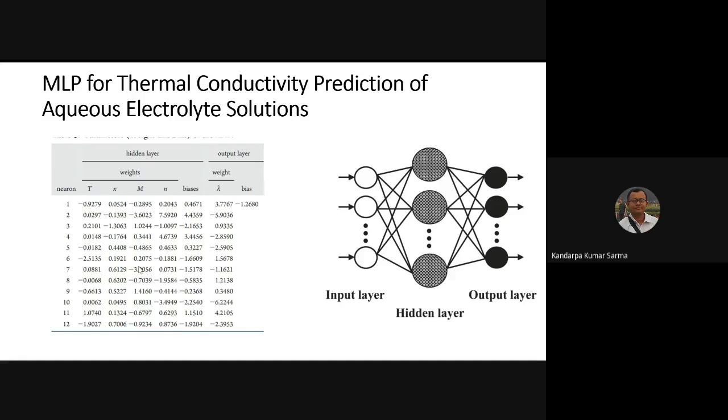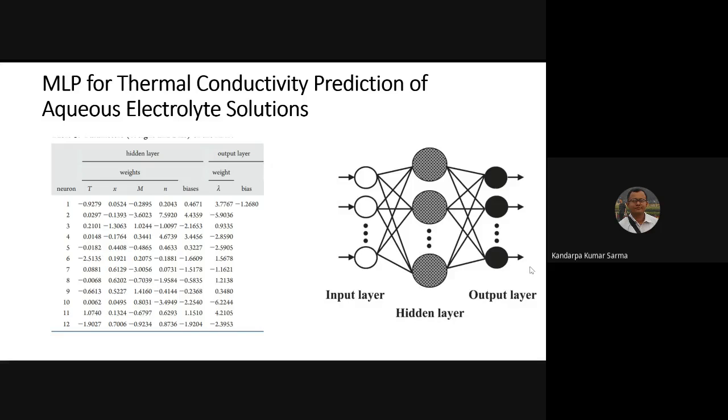So here are some of the structures. There are multiple neurons fed at the front end. The different values layer by layer they have shown here, and that way they have shown a 90% reliability for doing detection of thermal conductivity of certain electrolytic solutions.